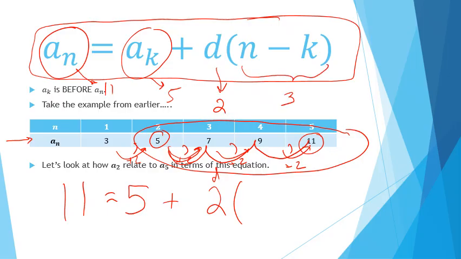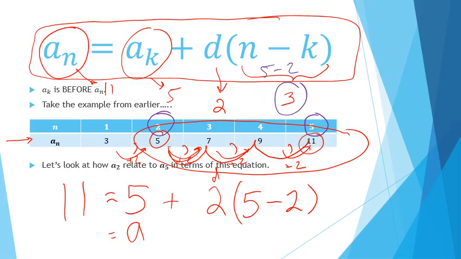Now, if we don't write it out every time, how do we know how many jumps we're making between 5 and 11? Well, it's pretty easy. That's why these position indicators come into play. You have 5 minus 2, and this is going to be our a of k.